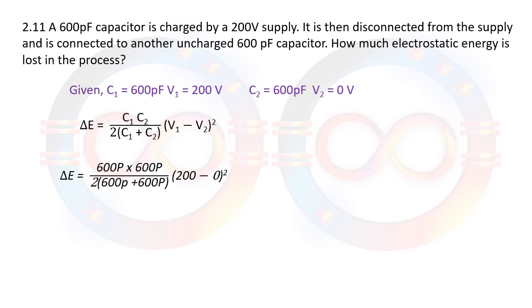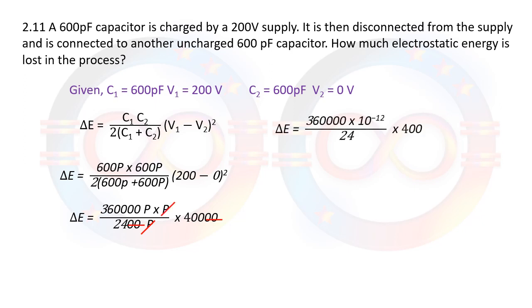Apply the formula. It is 600 into 600 pico upon 2 into 600 plus 600 into 200 minus 0 whole square. 600 if you multiply, it will be 36, 4 times 0, and p into p means pico, and then upon this 1200 into 2, 2400 pico. Cancel some p to p, then 0 to 0, and after calculation it will be 36 4 times 0 upon 24 into 400.